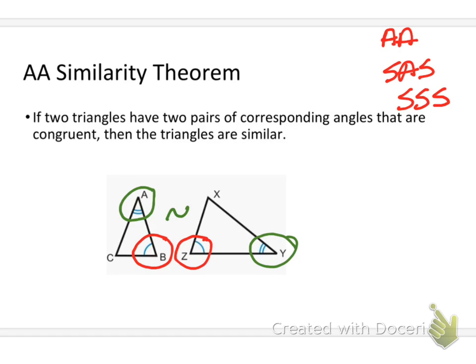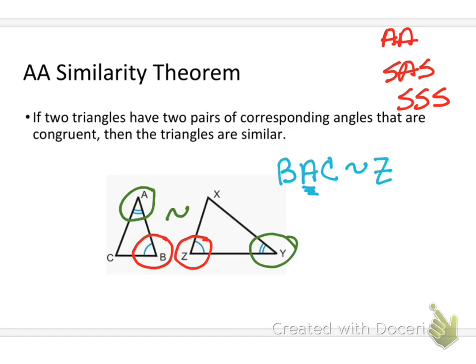So let's write a similarity statement based on this sketch. I'll change color. My similarity statement would be, in the first triangle, I'm going to list it as triangle BAC is similar. Okay, what angle equals B? You should be saying Z. What angle equals A?